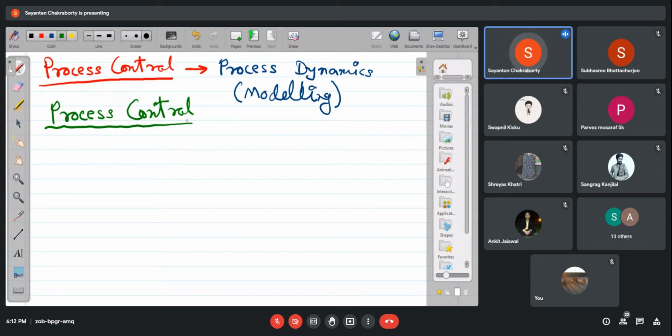Now, I'll make one point here that in the study of process dynamics, there are two parts.